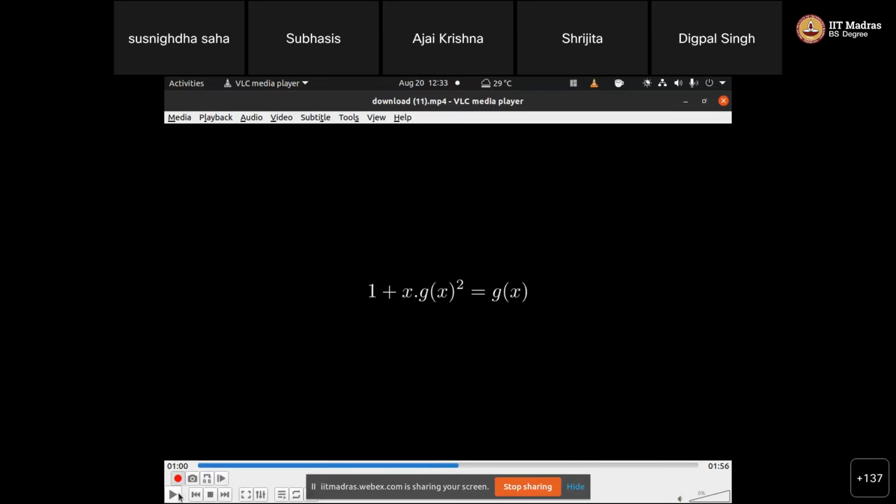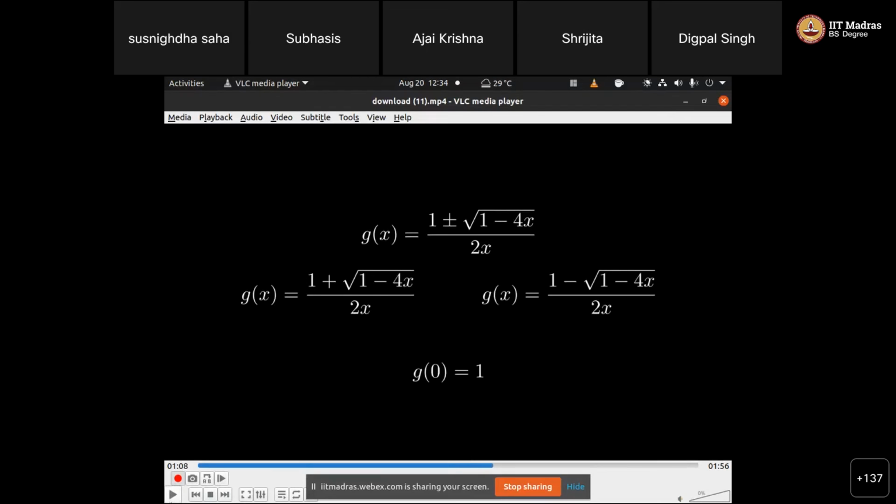While replying to him, Goldbach made a correction to the first few terms of Euler's generating function, and gave what we expressed as our g(x). This relation that we got here was also pointed out by Goldbach. So this is basically a quadratic in g(x), so we will get two roots. Now the thing is, which of these two roots shall we take?